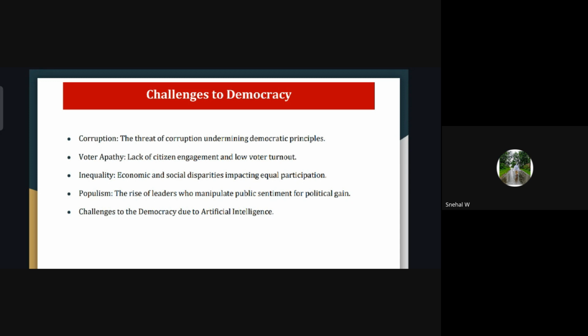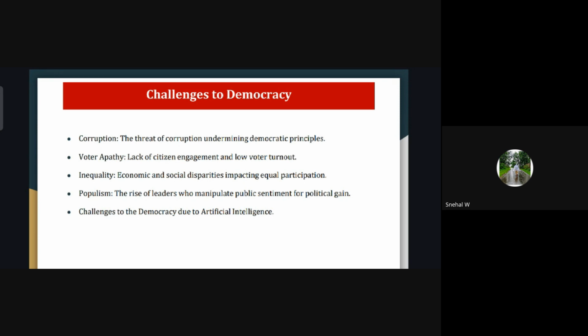One more challenge which is there in front of the nation is inequality. Right? Economic and social disparities are the biggest problems for any democratic setup.